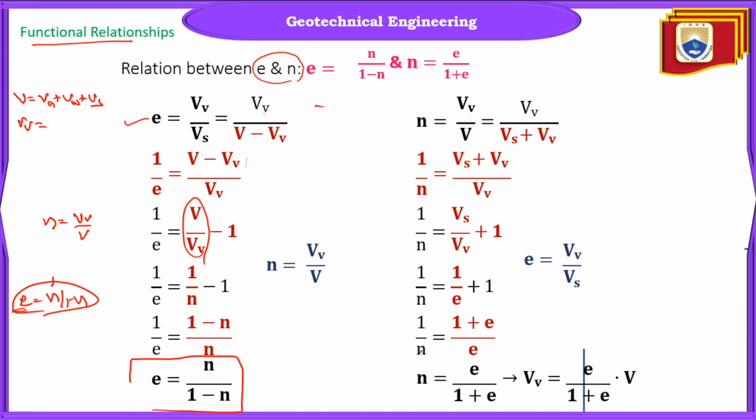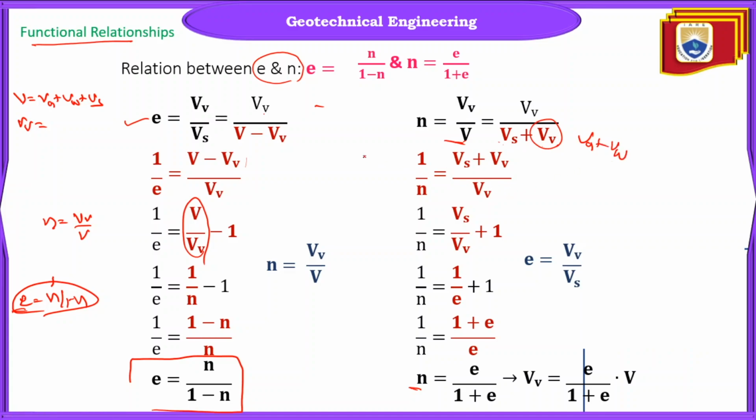Now we will see it in terms of n. Following the same procedure, the basic formula of n is volume of voids by total volume. Volume of voids I can write as volume of air plus volume of water, whereas total volume I can write as volume of soil plus volume of voids.